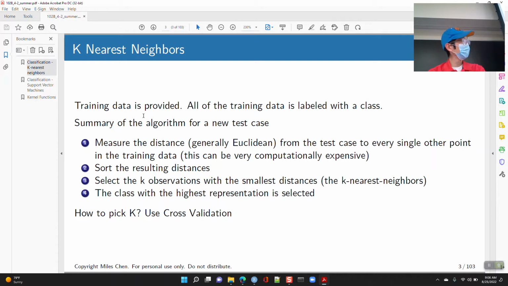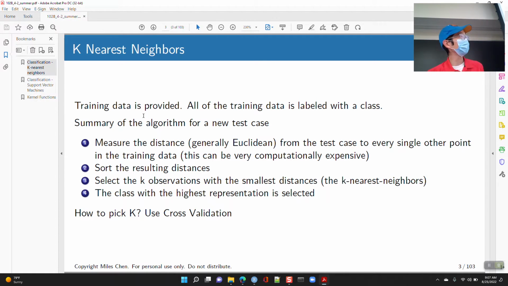All right, but once you do all of that measuring, then you sort them by distance. So you have the shortest distance at top, longest distance at bottom. Again, depending on how many data points you have, the sorting itself could be computationally expensive. But sorting algorithms are generally pretty quick these days, so not to worry. Then you select the k observations with the smallest distances.